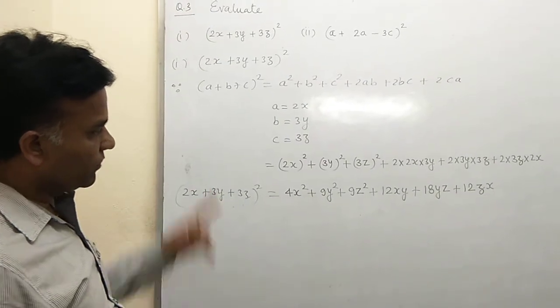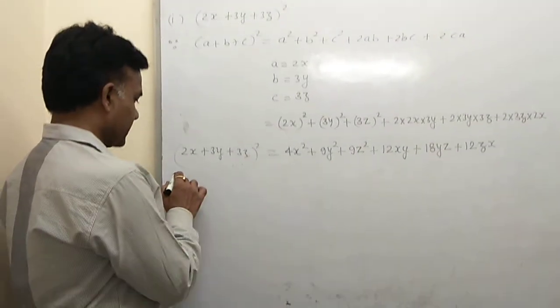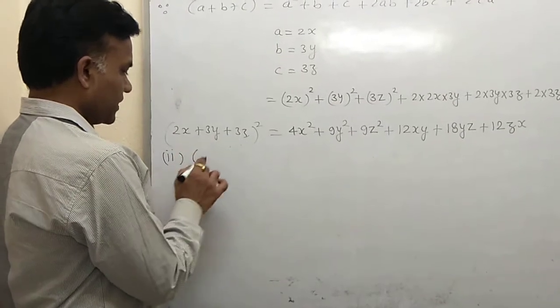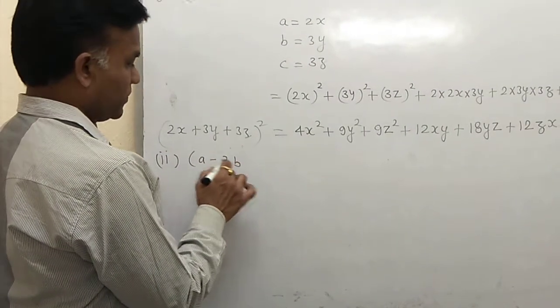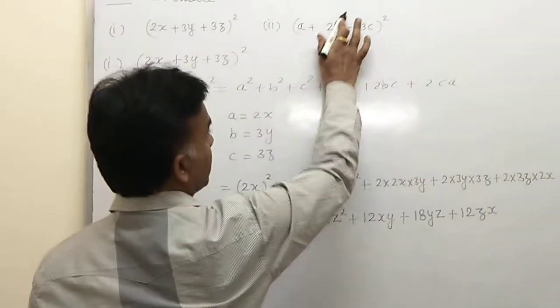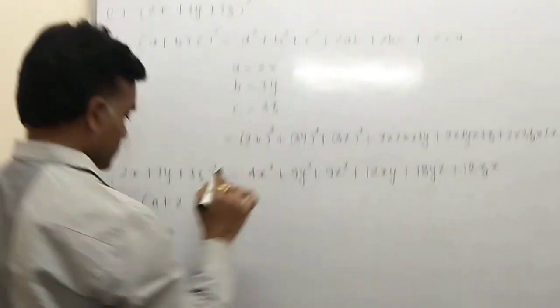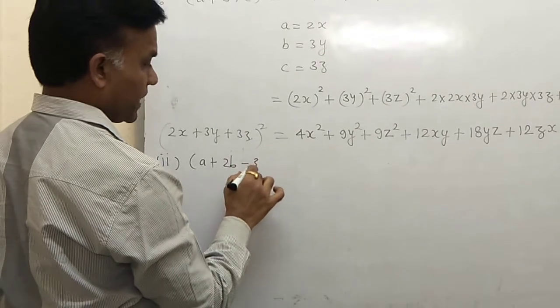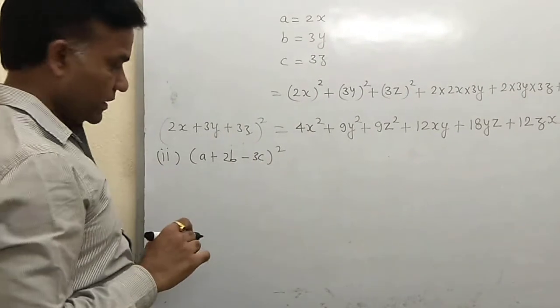Okay, so now we have another form, the second part: (a + 2b - 3c) whole square.